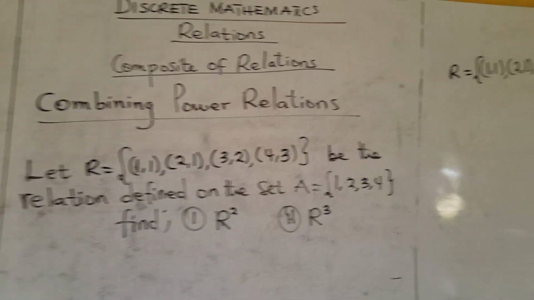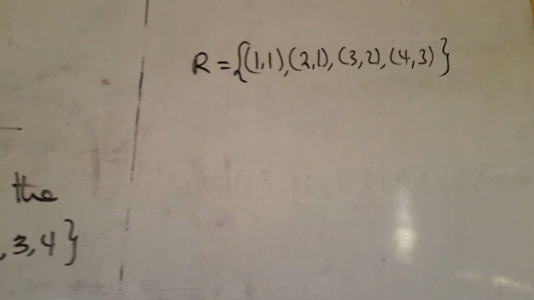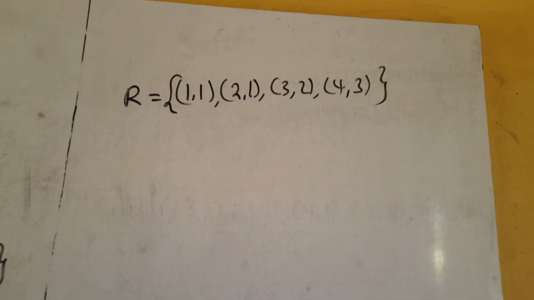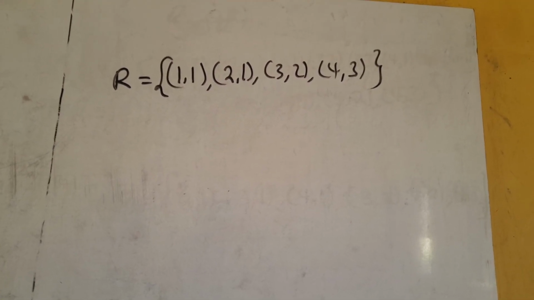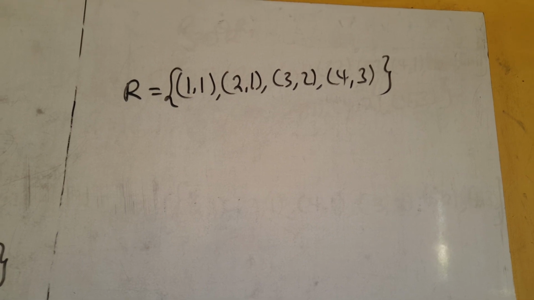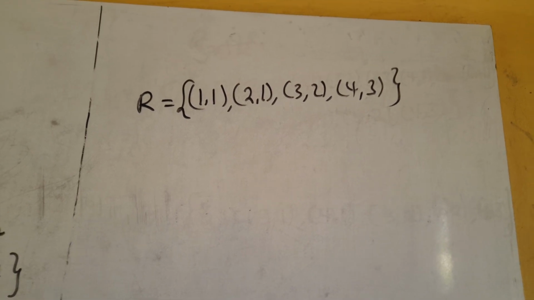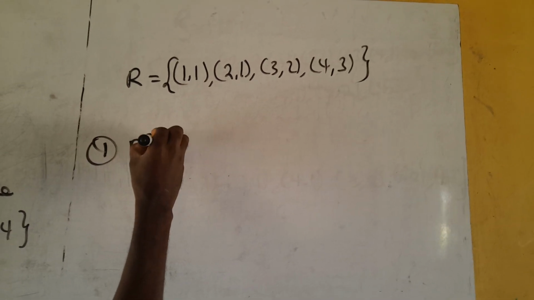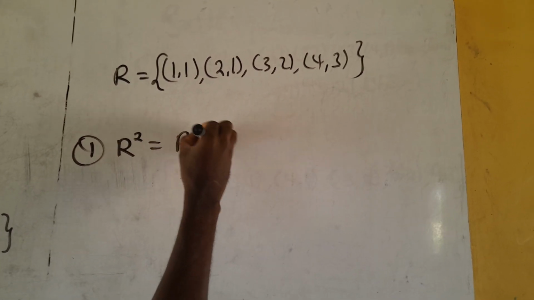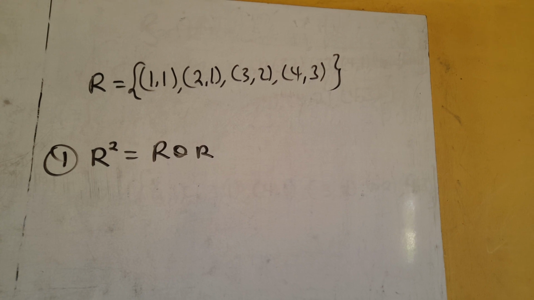It's very easy. Remember, we said that R is the set with the ordered pairs (1,1), (2,1), (3,2) and (4,3). So we say our R² is equal to R composite R from the definition.